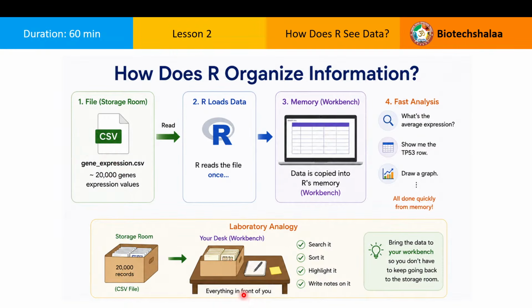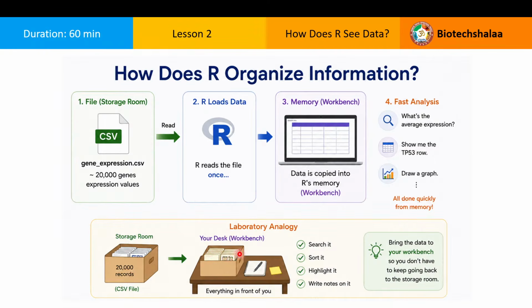Now, here, we are imagining this workbench, and on this workbench we have several boxes. This one contains gene expression data. We already know that we only had this single box before, and it contains the gene expression data. But now we have another box, and that box contains patient information. Now just imagine that there is one more box that contains the mutation data, and another box that contains the clinical data.